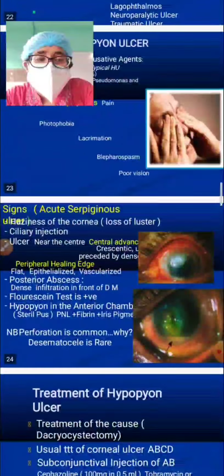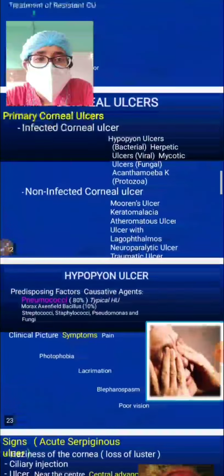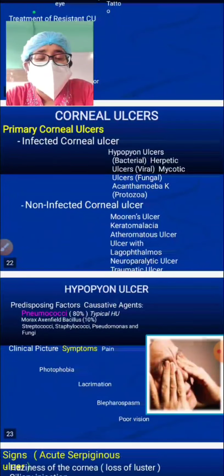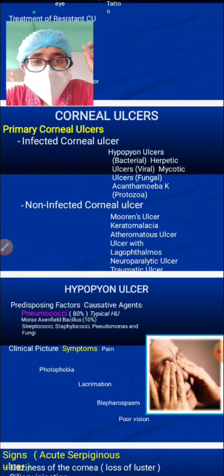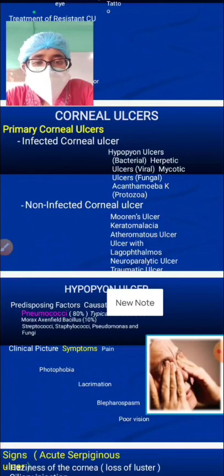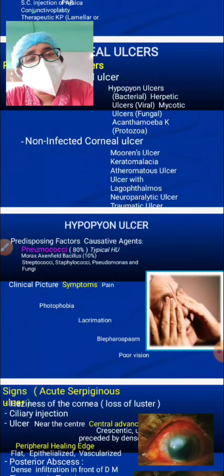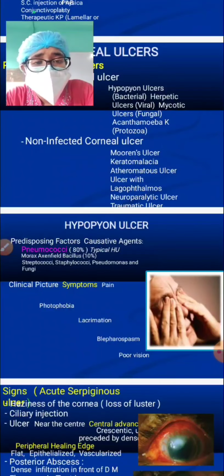Let me tell one thing. Next, I'm coming to the ulcers that are associated with hypopyon. Corneal ulcers that are associated with hypopyon are caused both by bacteria as well as fungi.